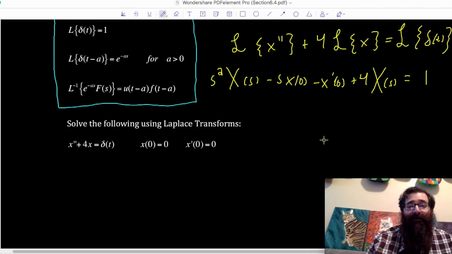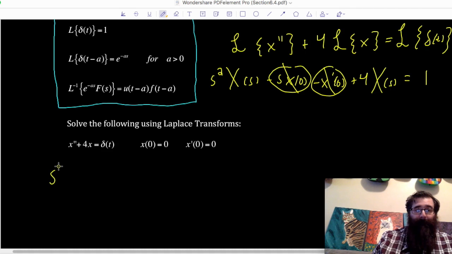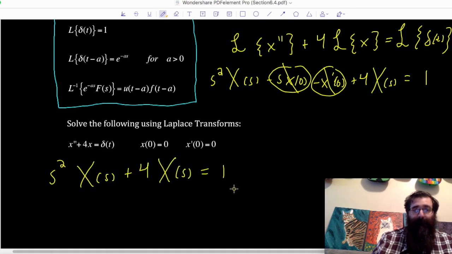And now what's nice about this is we said x at 0 is 0 and x prime at 0 is 0. Since both are 0, those terms drop out. So I'm left with s squared times big X of s plus 4 times big X of s equals 1.